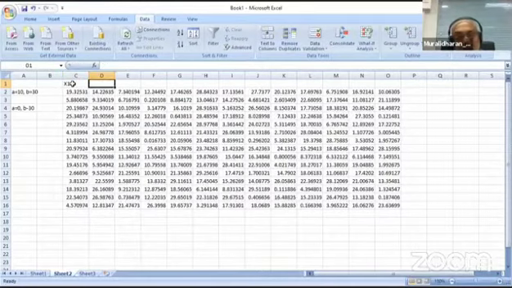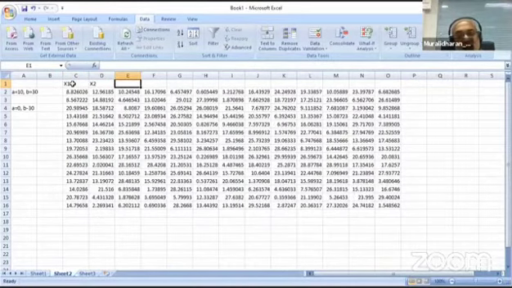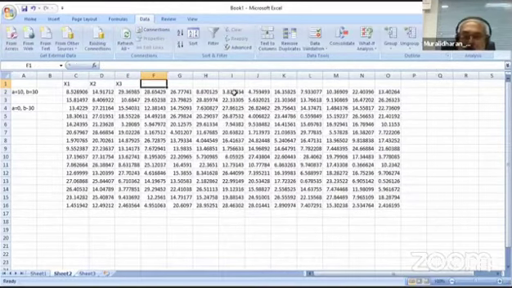I can call this my second variable. Please watch the screen. The random numbers are changing every time. X3, like that. I have k samples. You can go on naming x1, x2, x3, etc.